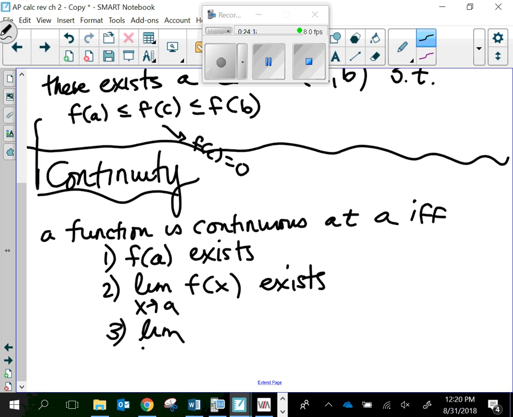Now, when you're showing that something is continuous, don't use the generic a. If you're trying to say it's continuous at 2, use 2. Be as specific as you can, even though you're applying the definition. So that's continuity.